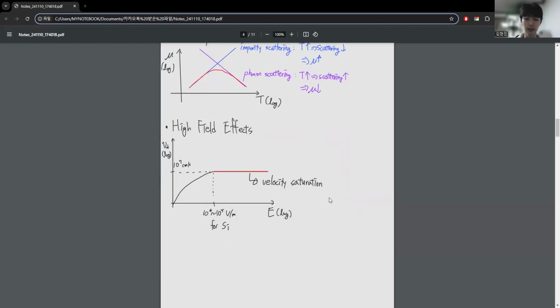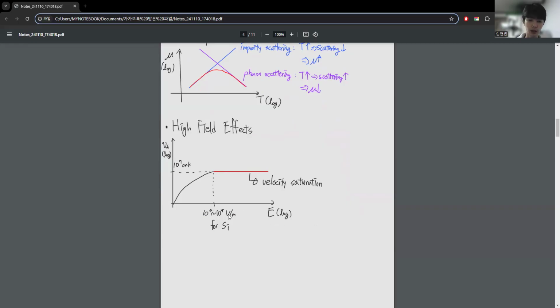And the high field effect. Velocity is proportional to electric field, but at one point velocity is no longer proportional to electric field.